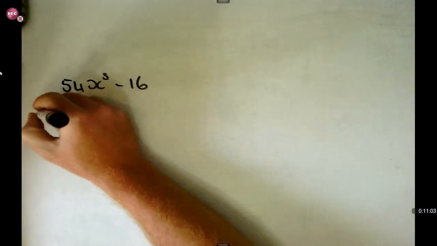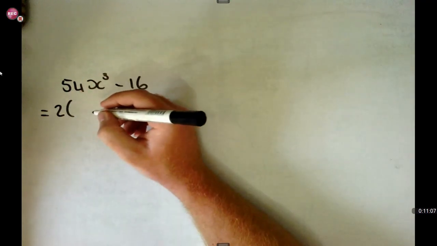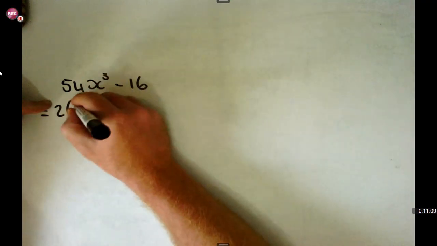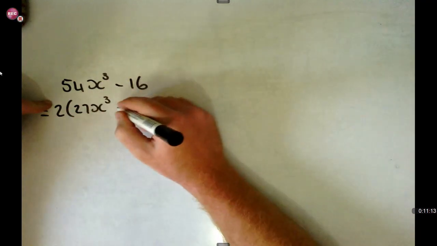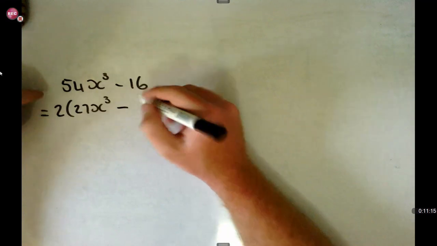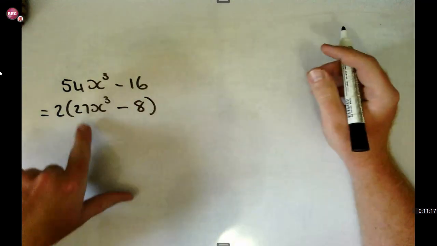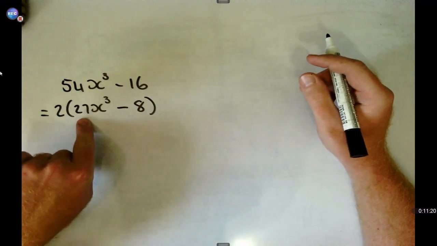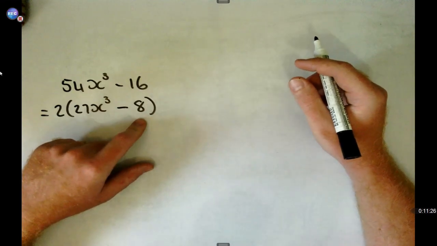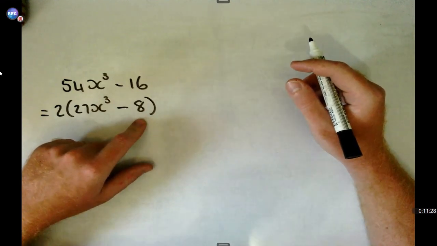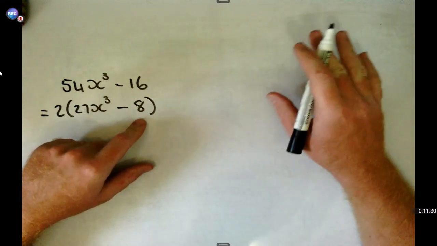If you take out a 2, you will have the following left. 54 divided by 2 gives me 27, and we'll just add the x cubed, bring down the sign. 16 divided by 2 gives me 8. Now 27 is a perfect cube, and 8 is a perfect cube, which means we can cube root them and get a whole number as an answer, without any decimals.